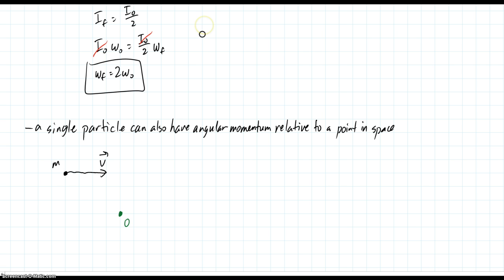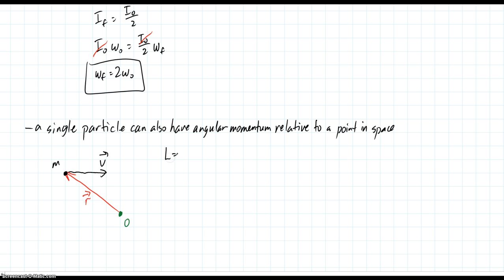And we're going to define an r vector in much the same way as we did for torque. R is going to point from that point O to the current location of the particle. And in this situation, the angular momentum, sometimes still referred to as capital L, sometimes it's a script lowercase l instead for a single particle. Really doesn't matter which one you use. They both stand for the same thing.